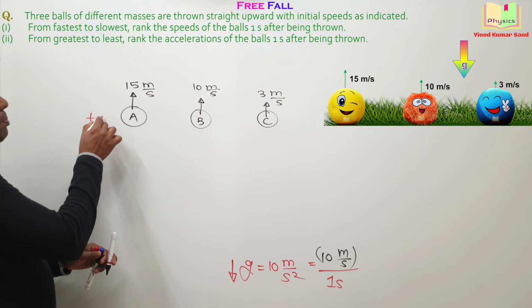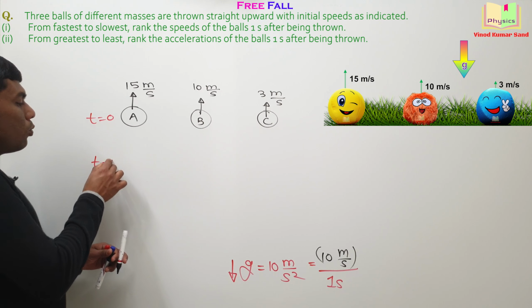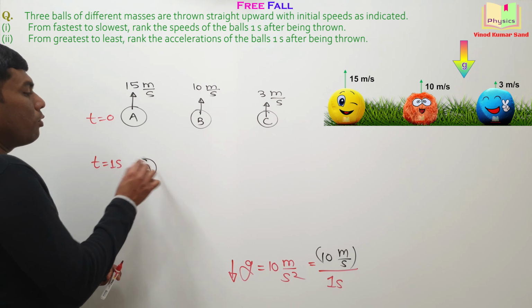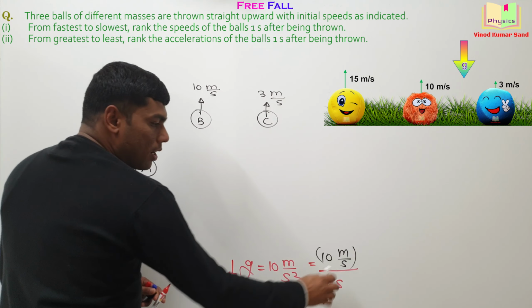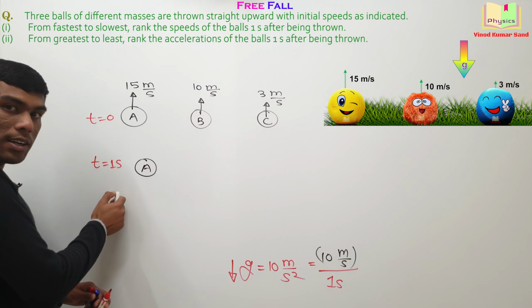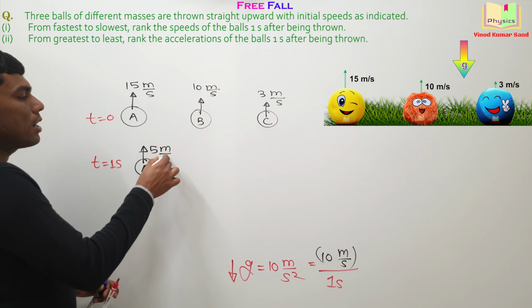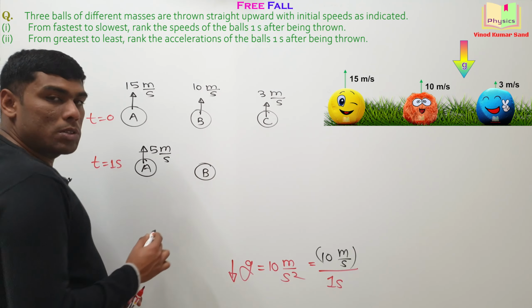So if this is the picture at t is equal to 0, at t is equal to 1 second, how much should be the velocity? For A, 15 meter per second was upward and an extra 10 meter per second has been added in the downward direction. So the result is 5 meter per second in the upward direction. Okay. For B, what should be the result?